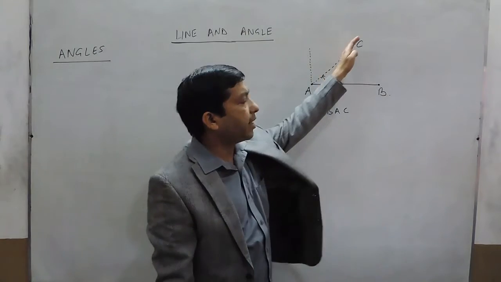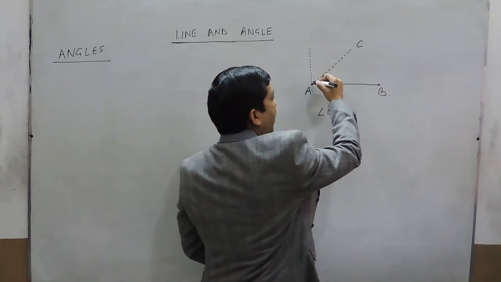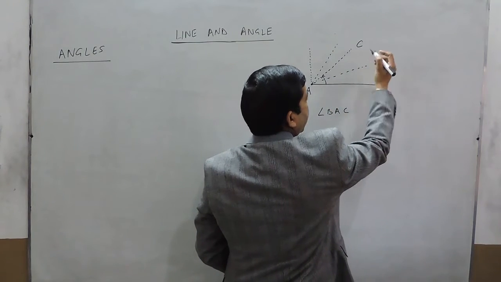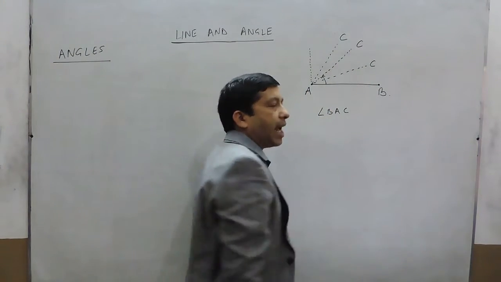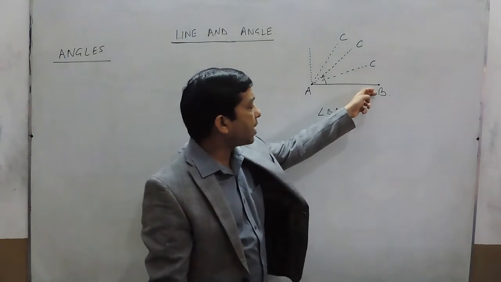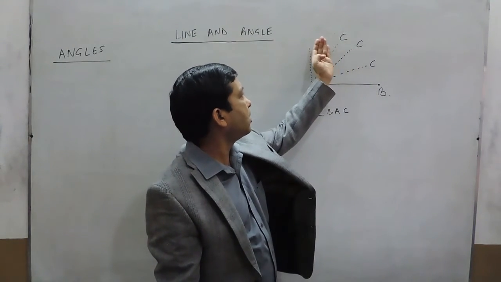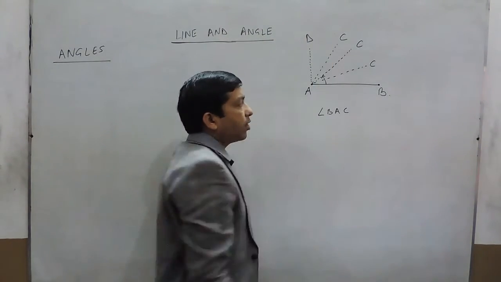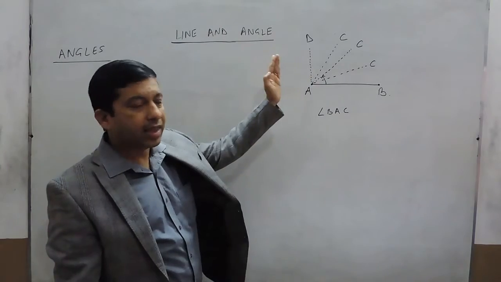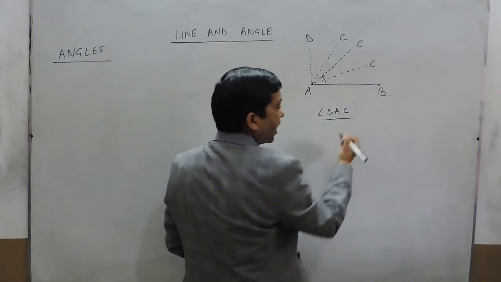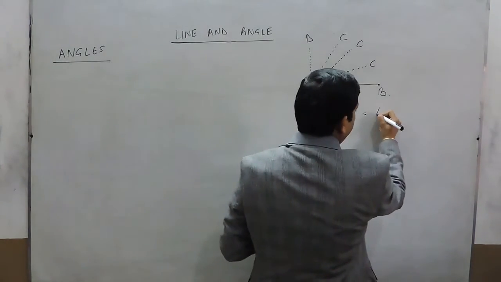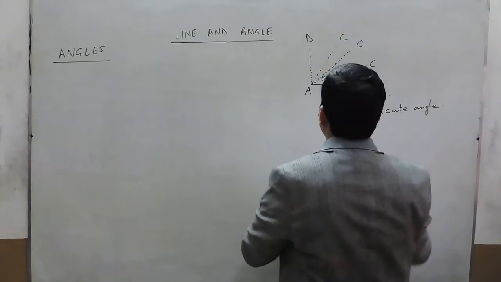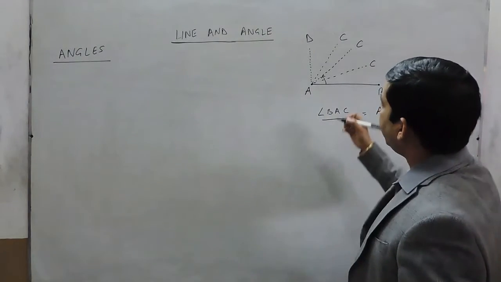If this line, instead of going towards C, goes either this way or this way, C can be any point from B going towards a point D. So from B to D, wherever C is, we can define the angle BAC, and this angle is known as an acute angle because it is less than 90 degrees.